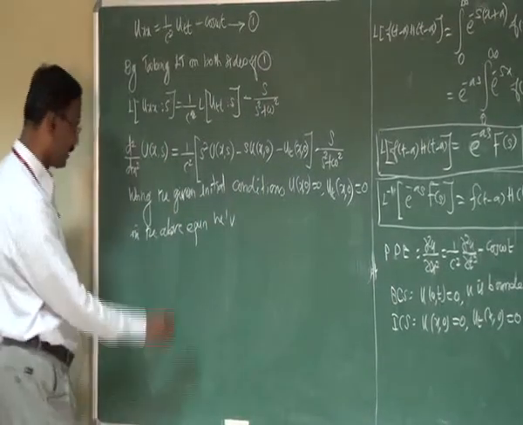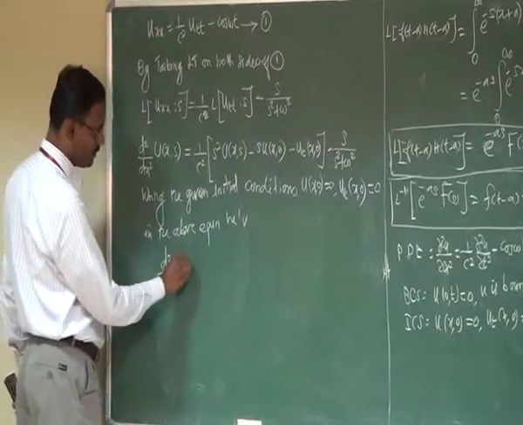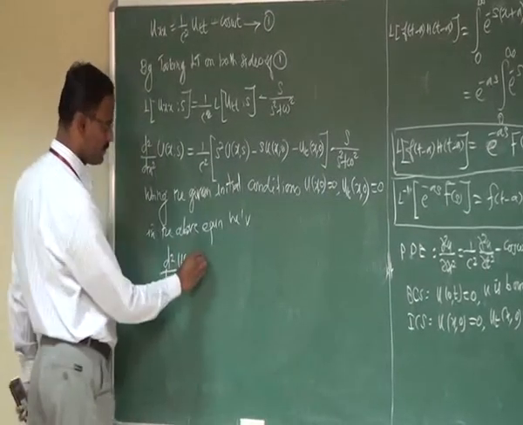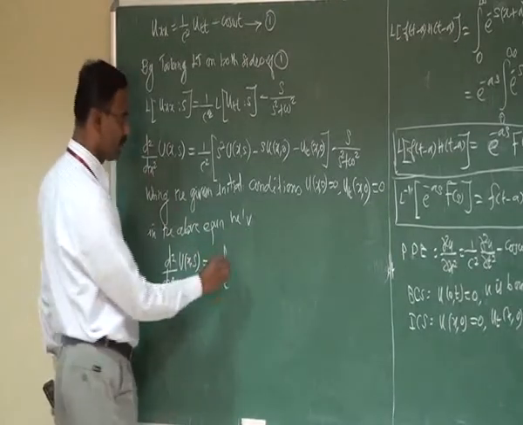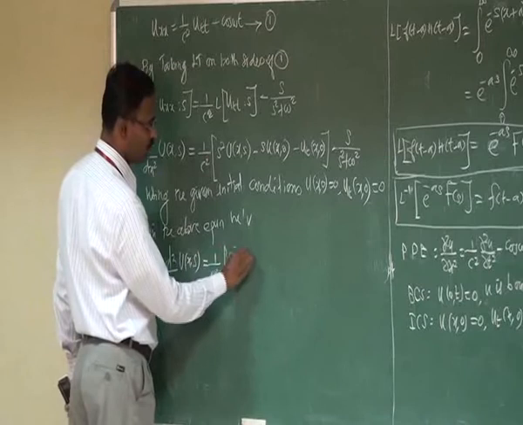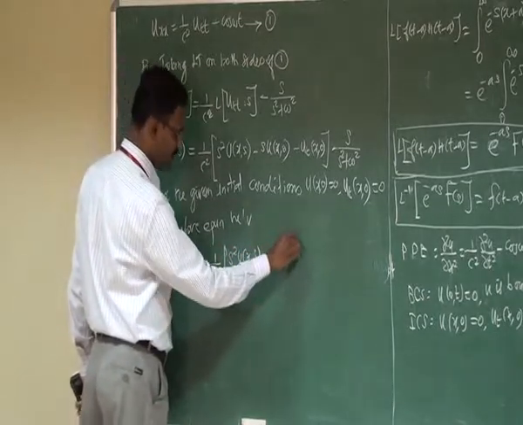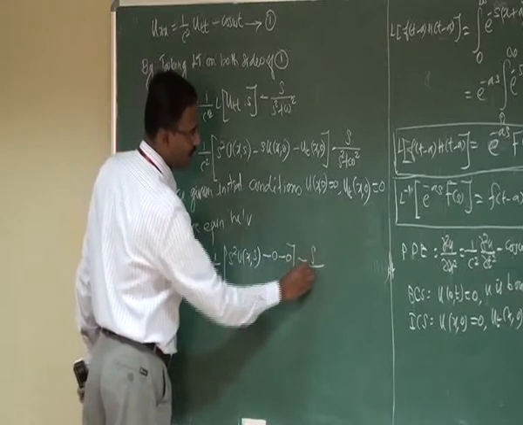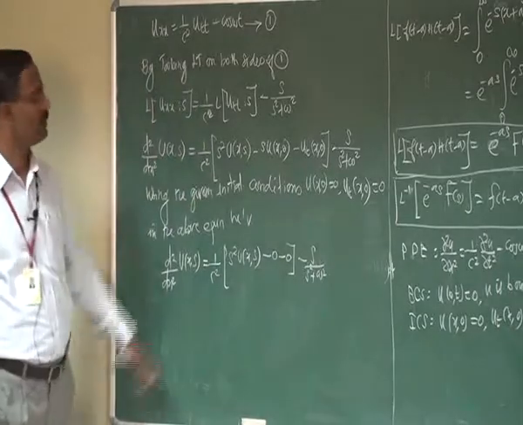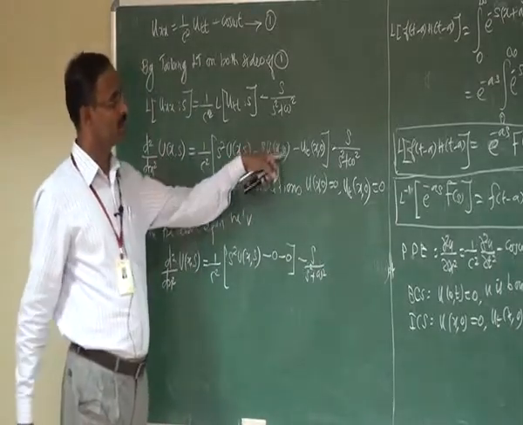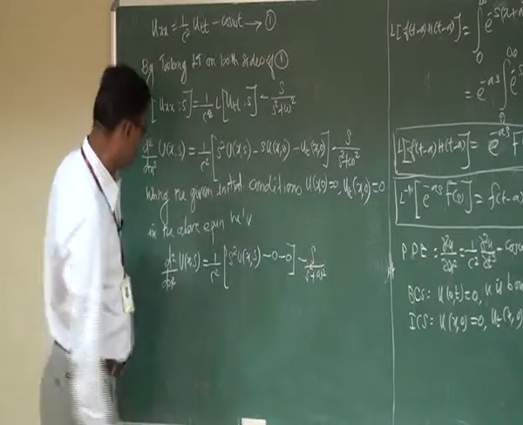Here we have d square by dx square of u of s comma x is equal to 1 by c square into s square into u of s comma x minus 0 minus 0 minus s by s square plus omega square, because u of s comma 0 is equal to 0, u t of s comma 0 is equal to 0.